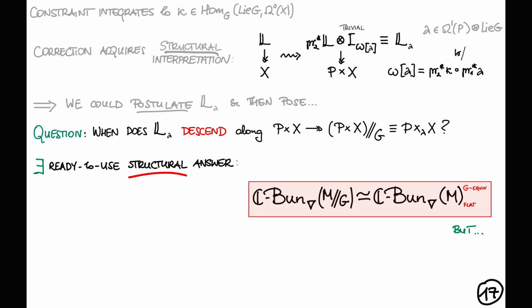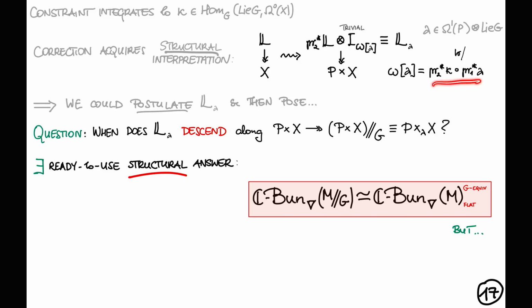I have a bundle over P times X. On X, it's my old good electromagnetic bundle, and on P times X, I have this correction linear in the connection on the gauging bundle, which came from minimal coupling.